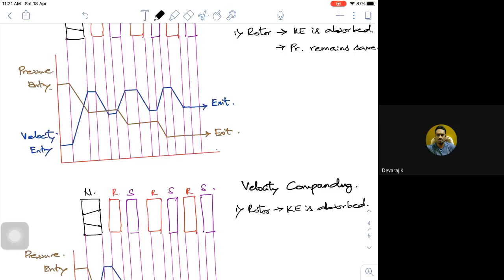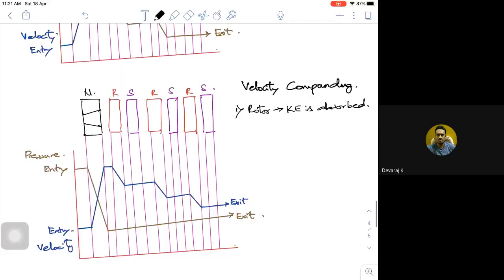But here what happens is the velocity remains the same in the rotor. It doesn't mean that it remains exactly, say for example, if it is 5 meters per second, there may be a little bit of losses, a few losses. 5 may become 4.9 or 4.8, but if you overall look at it, the velocity remains constant in the stator.